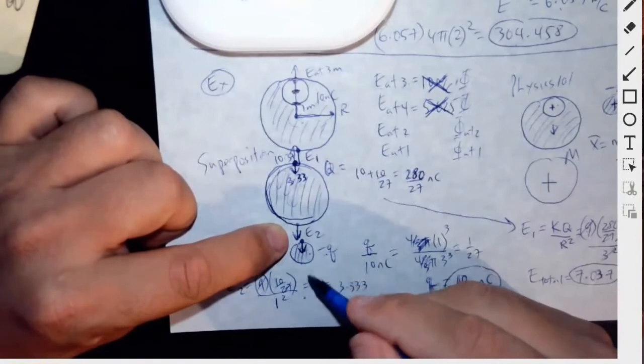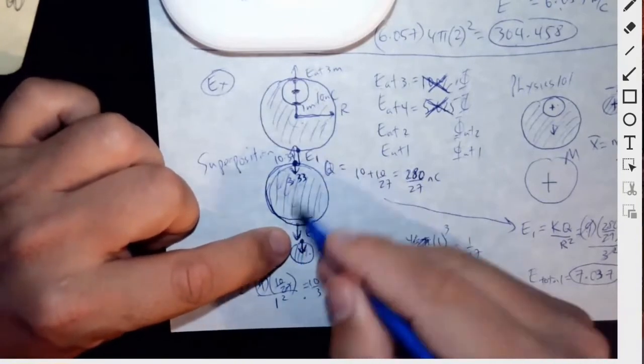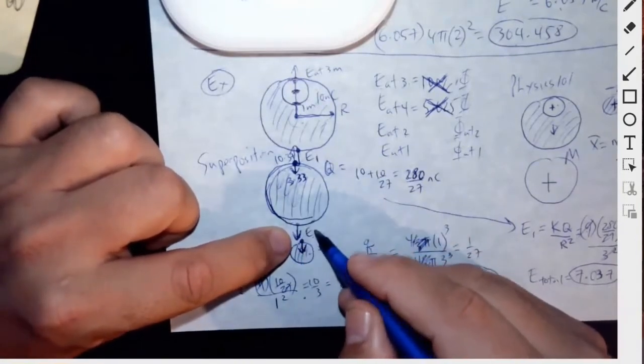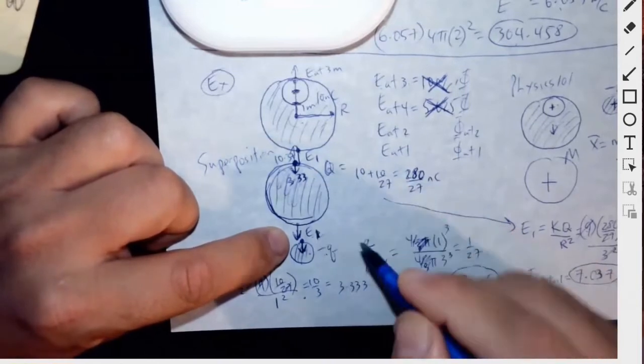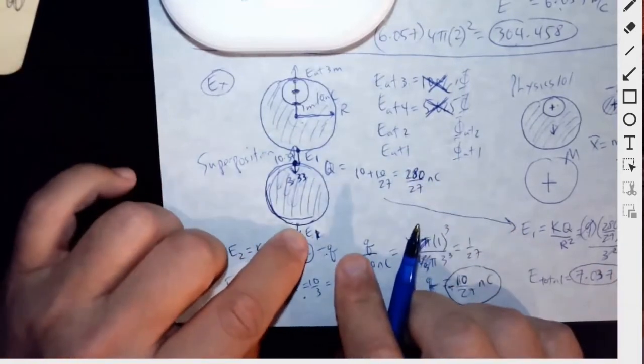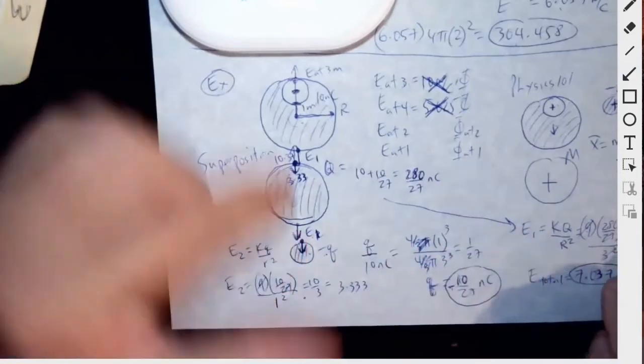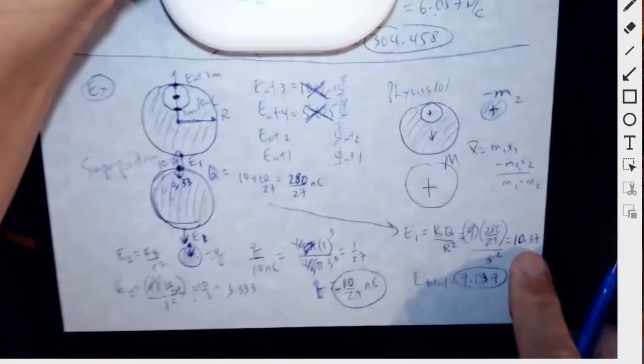You see? So what would be the electrical field E2? Well, let's just call it E1 again. At the bottom would be what? Still the same answer. What was that? 10.37.